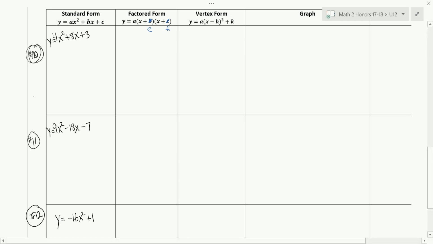Also, I want to make a note, in the factored form, the A, you could write factored form in that form, but factored form could also look different. It doesn't have to fit the form that I have here. And you'll see that on number 11 when I do it, and I'll point it out to you. But the vertex form, that A always will correspond with the A on the standard form.